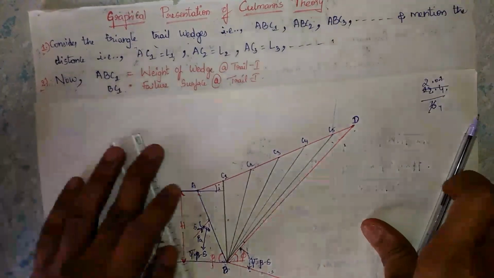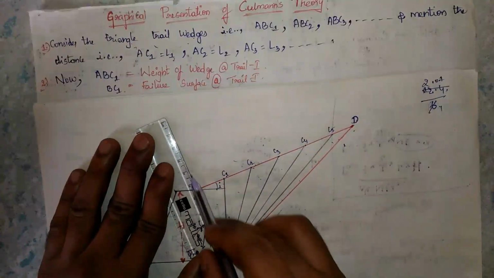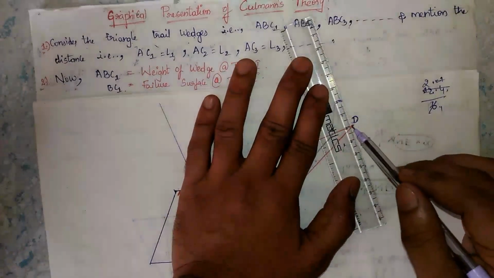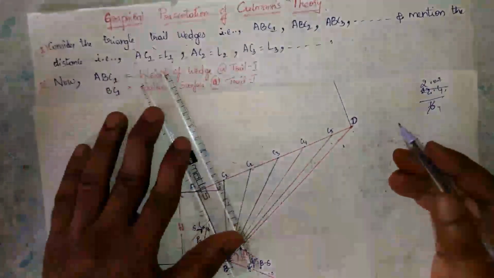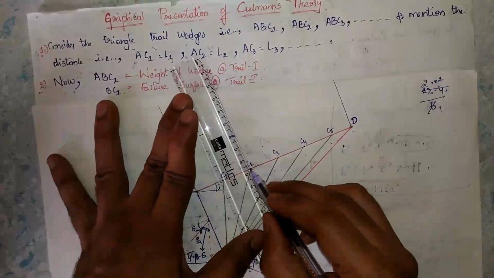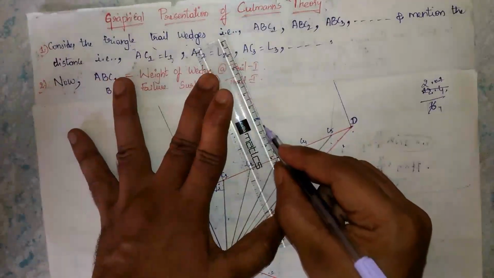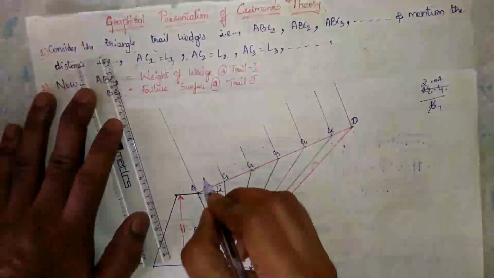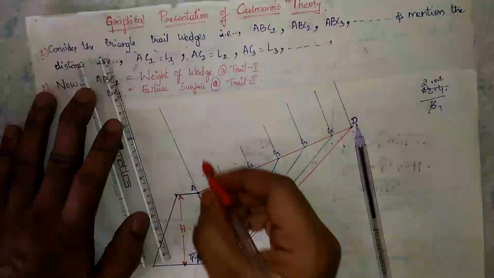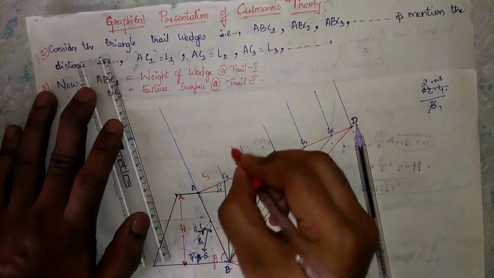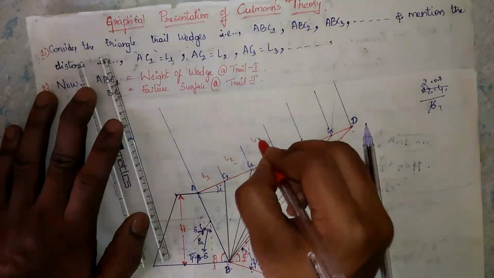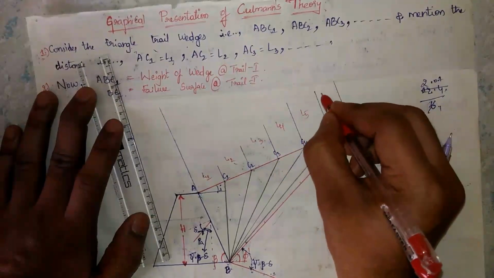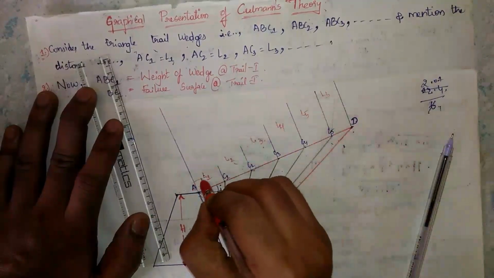Now mentioning the distances: here this is L1, L2, L3, L4, L5, L6.